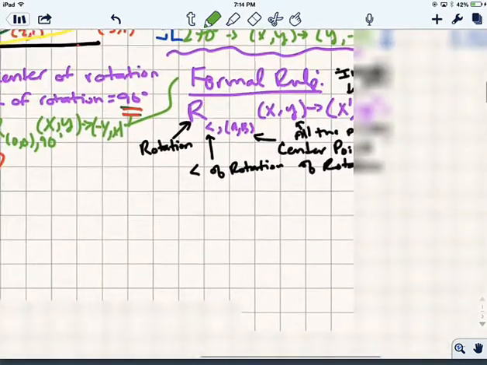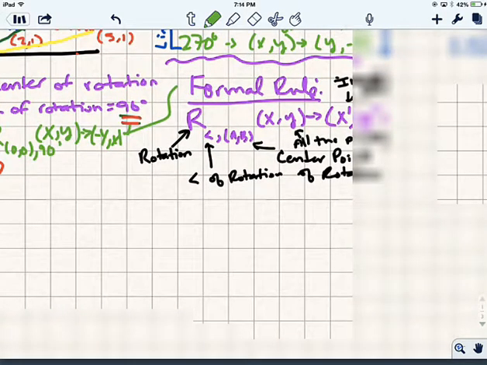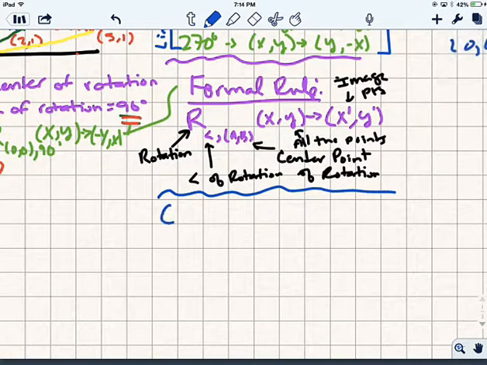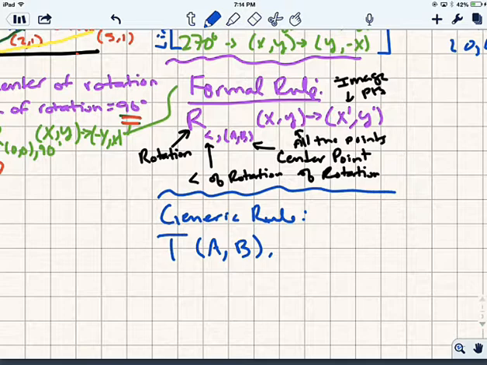Formal rules are great. There is, of course, a shorthand rule that we see probably in Khan Academy the most. So the more generic rule is going to be a general T for big transformation about the point (a, b) and about the angle.